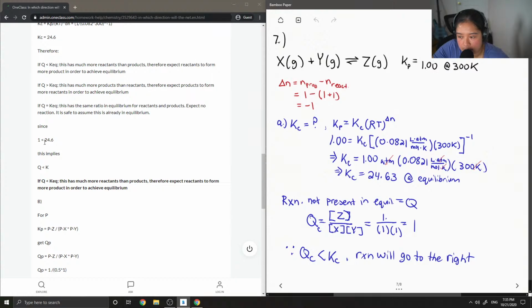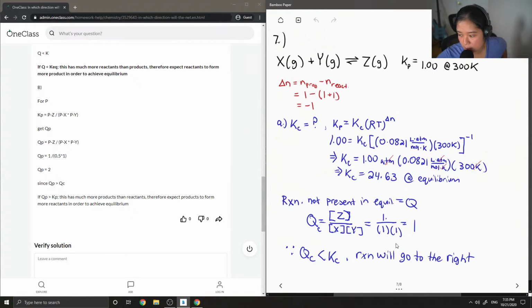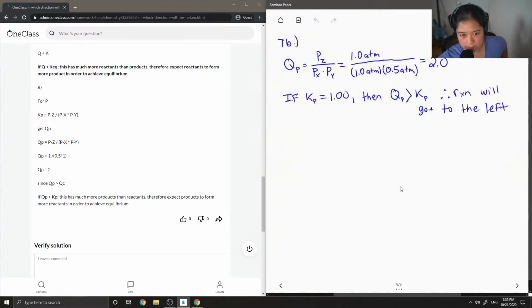Since 1 is less than 24.6, Q is less than K. Therefore, expect reactants to form more products in order to achieve equilibrium. So reaction will go to the right, basically. And then for part B, they calculated KP, or QP, I mean, and got 2.